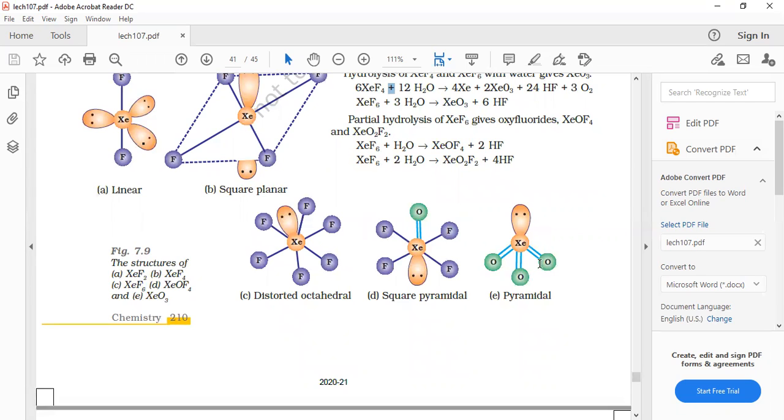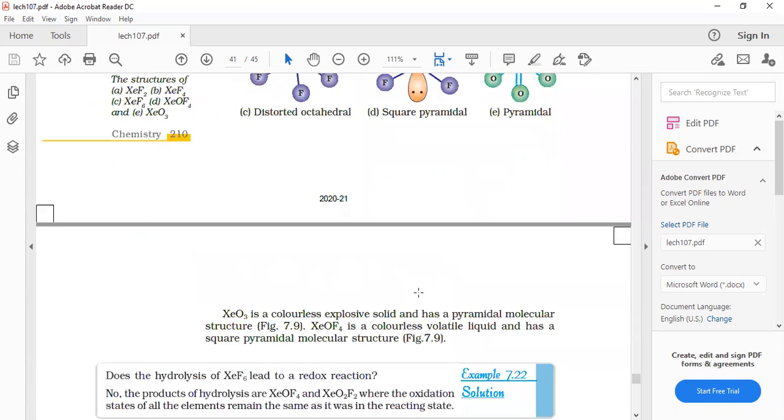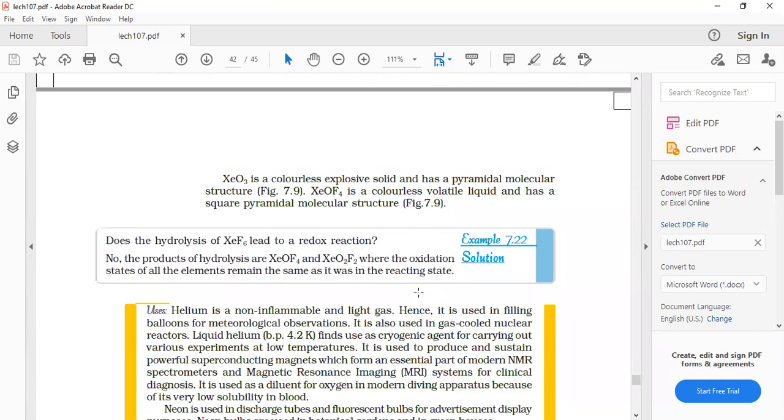The structure of XeO3 is pyramidal, while the structure of XeOF4 is square pyramidal. XeO3 is a colorless explosive solid and has a pyramidal molecular structure, while XeOF4 is a colorless volatile liquid and has a square pyramidal structure.